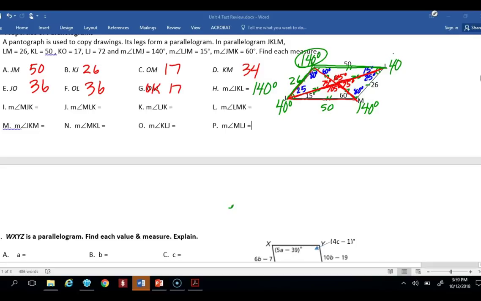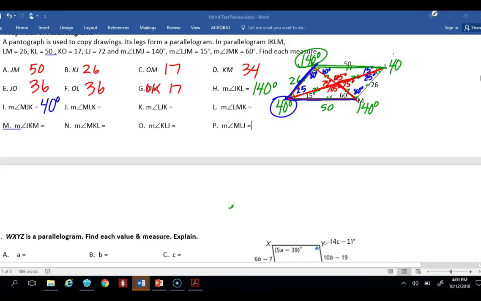Oh yeah, it's 140 up there, okay. So then we have angle MJK. Let's see if we can find another color. MJK is this angle right here, and it's 40.